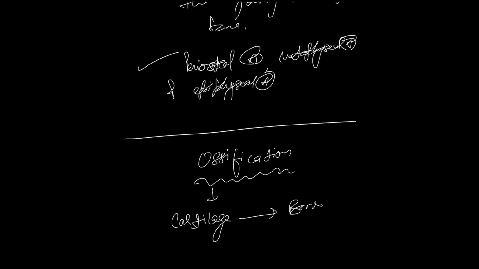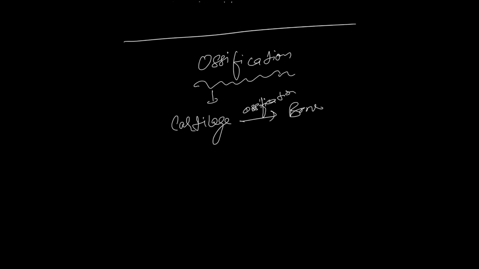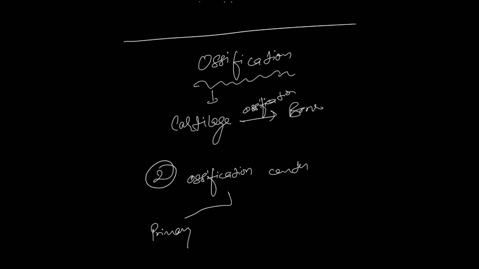This process of conversion from cartilage to bone needs something. What we call that? Ossification. Okay, there are mainly two ossification centers. One is primary, another one is secondary.